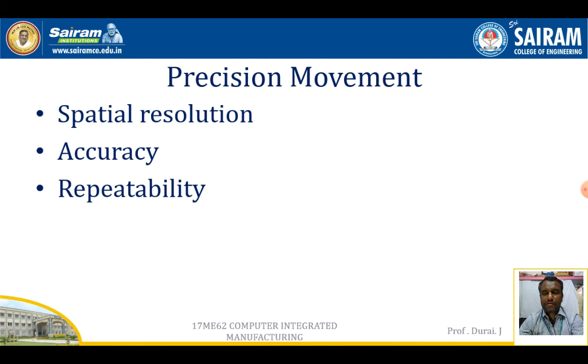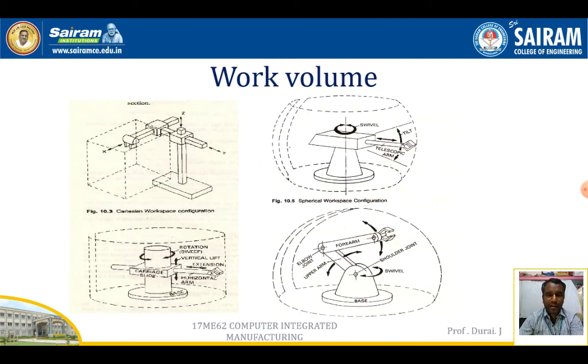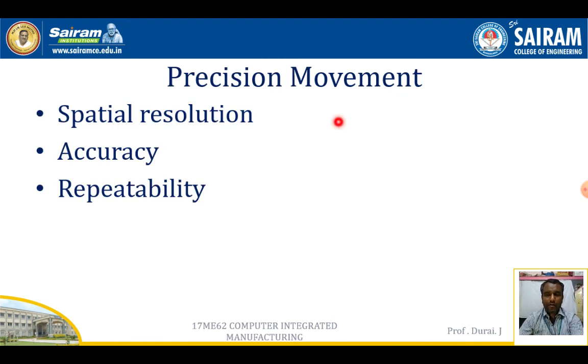Here it depends on the inaccuracy of the robot joint, and also on the robot control resolution, which in turn depends on its position control and feedback measurement systems. Based on this, the spatial resolution will vary. That means the end effector moves in slight increments to the target point. That is the spatial resolution.